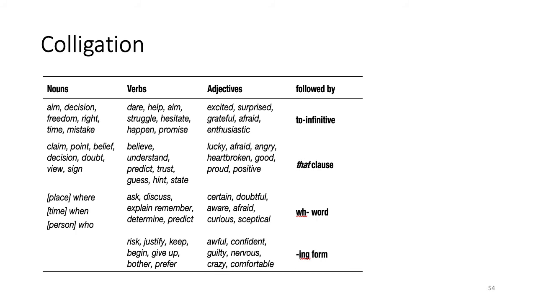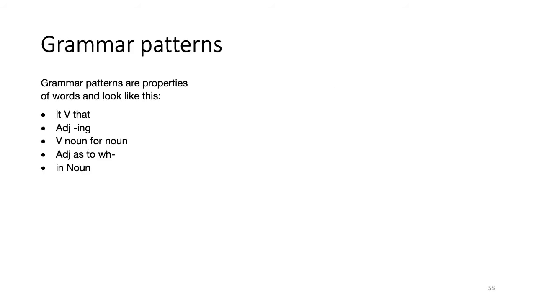So you can see in the top row here we've got nouns, verbs and adjectives that are typically followed by the to infinitive, and then some that are followed by the that clause. A very, very important thing for students to be aware of, and once they are aware of it, then they can be tasked with discovering it in texts and adding this new finding of their own into their learning journals, and of course using them in productive activities.